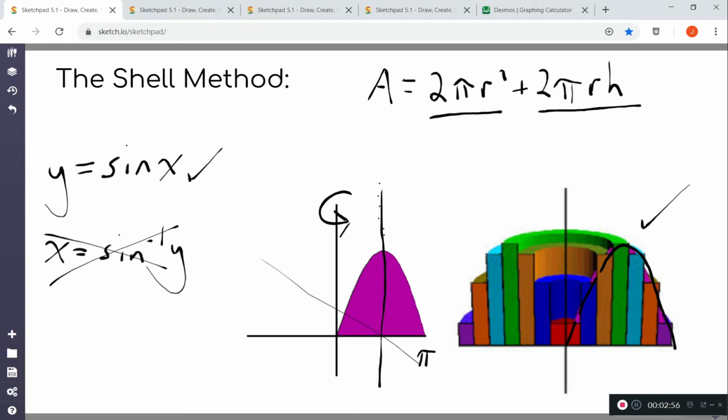The lateral area is going to be the only thing of concern to us in this particular scenario, because there are not full circles at the top or bottom of each of these cylinders. So the area formula we're typically going to use for the shell method is 2 pi rh. It's going to be important to keep in mind as we go through a few examples.